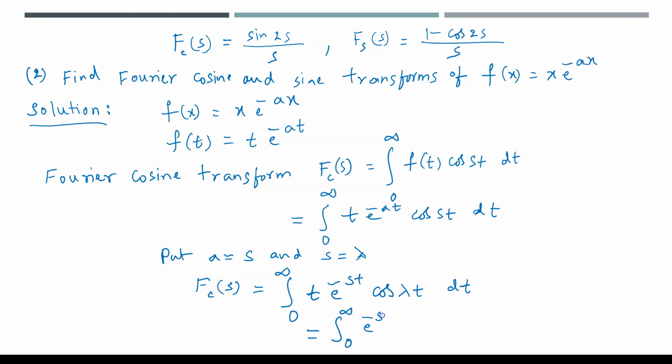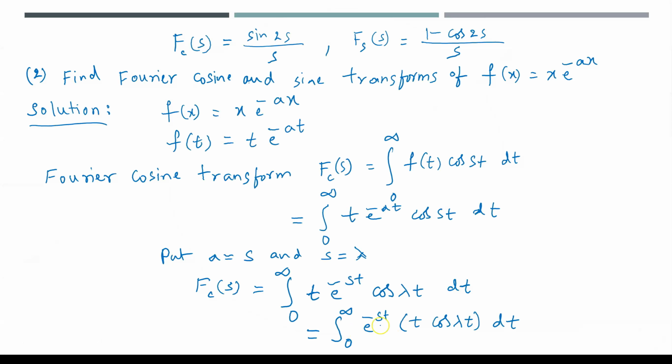So e power minus st into t cos lambda t together looks like a Laplace transform, right? This is the formula of the Laplace transform. What is that formula? L of f(t) equal to integral 0 to infinity e power minus st f(t) dt. So our integral looks like the basic definition of the Laplace transform.